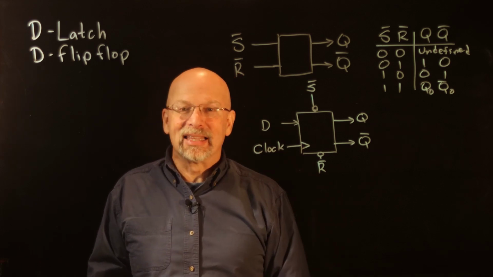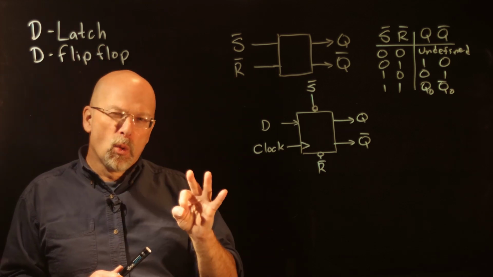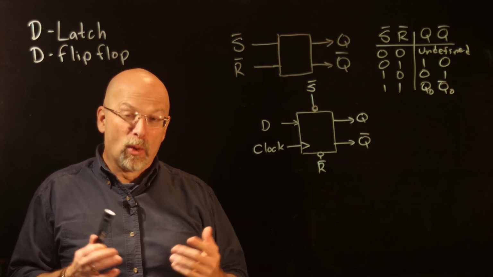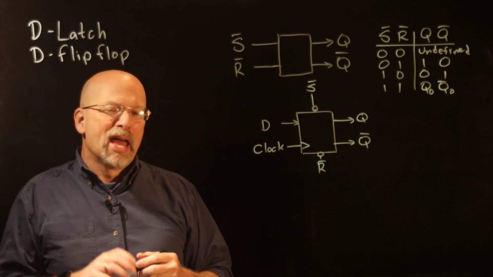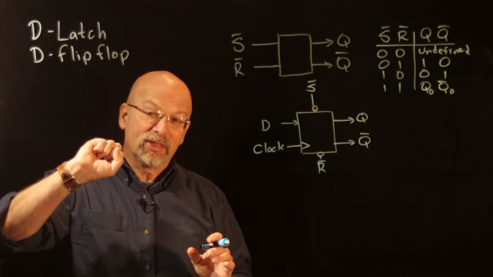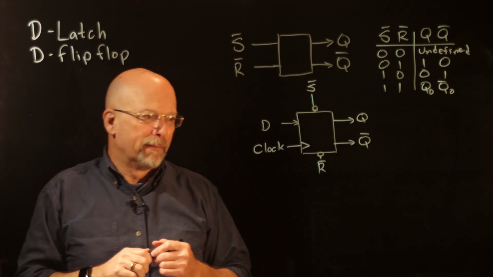This is what makes a difference here. There are four different types of these D latches or flip-flops that we can come up with. I'm going to use slightly different terminology, but I'll show you how it maps to latch versus flip-flop in a minute.